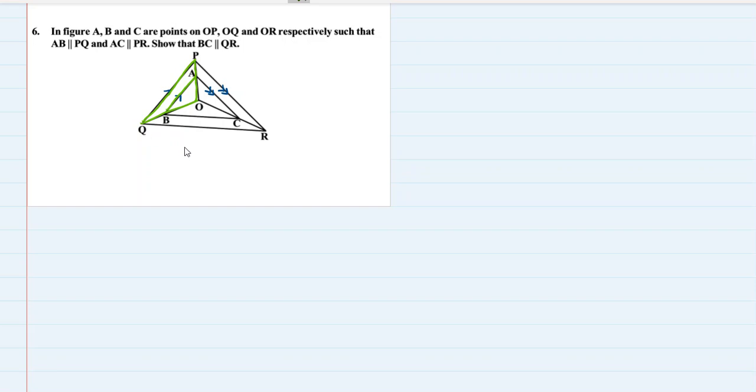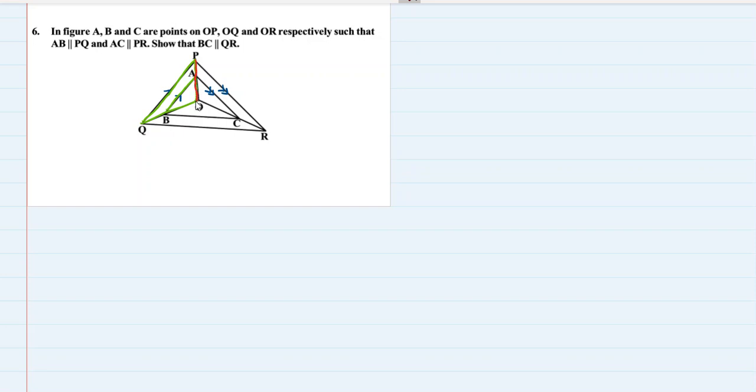If you want, hear it again in the video. In triangle POQ, AB is parallel to PQ, given, therefore by BPT, OA upon AP is equal to OB upon BQ. Yes, that is the correct way. We always start the ratio from the vertex. This is equation number 1.